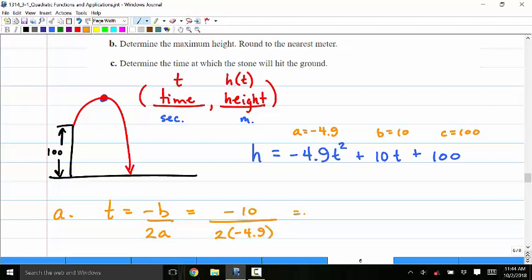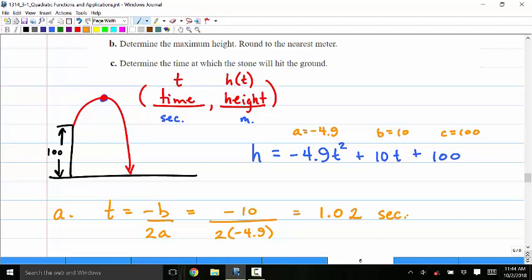I have no idea. I'm going to get my calculator out. Negative 10 divided by 2 times negative 4.9 is 1.02. And it's 1.02, give me the label, seconds.